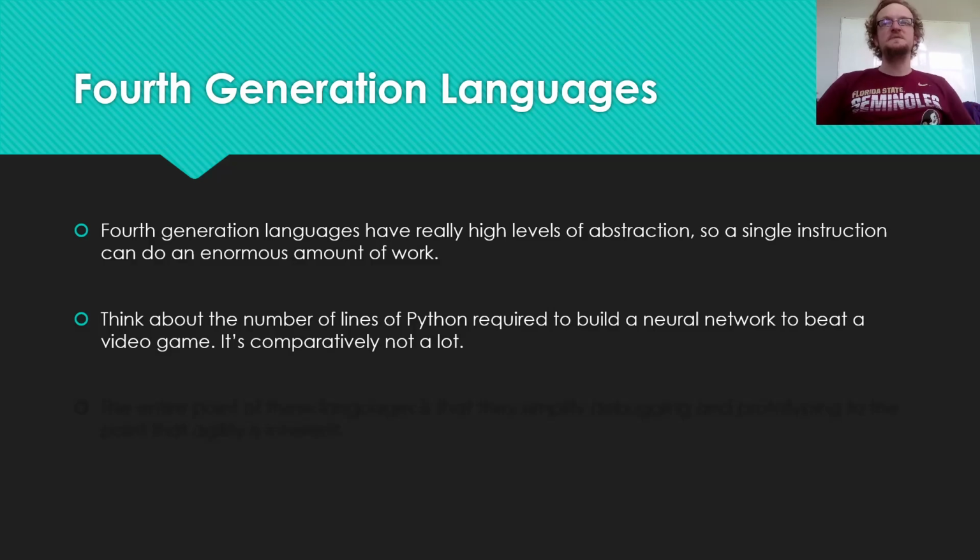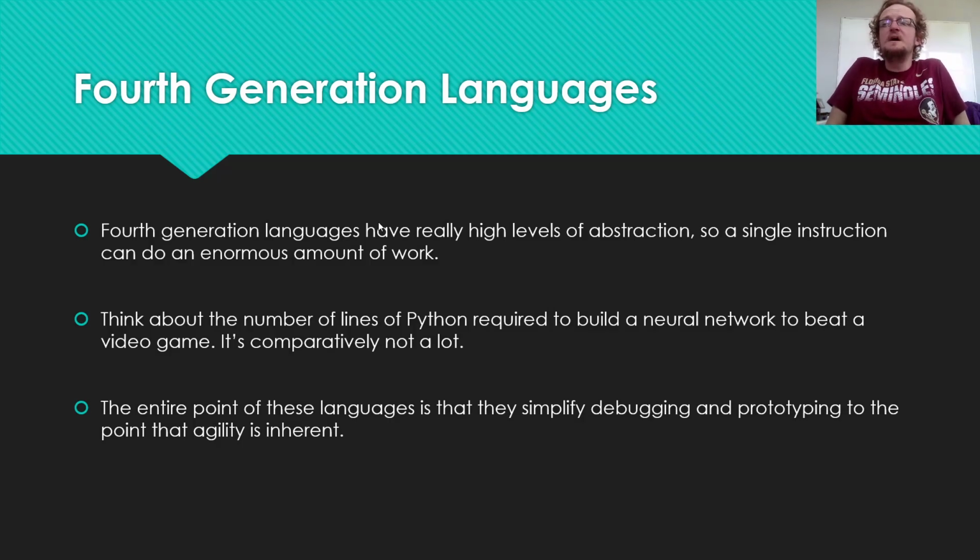That is basically what I mean by allowing you to do more with fewer lines of code. The entire point of most of these languages is that they simplify the entire development experience. They allow you to do technical things without necessarily understanding the underlying engines that are actually doing the technical work.